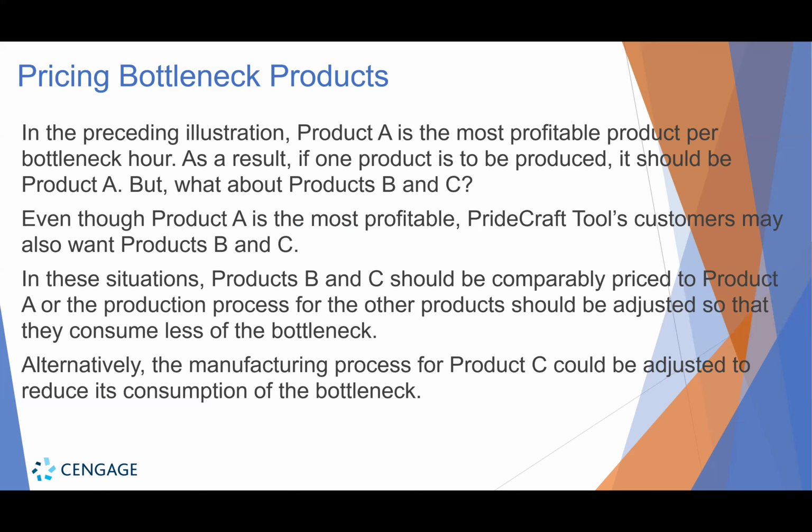If one product's going to be produced, we should produce A. But let's look at what B and C are up to. We might need to also produce B and C. Products B and C need to be priced to product A or find some way to look at the process so they don't have so much consumption in that bottleneck.